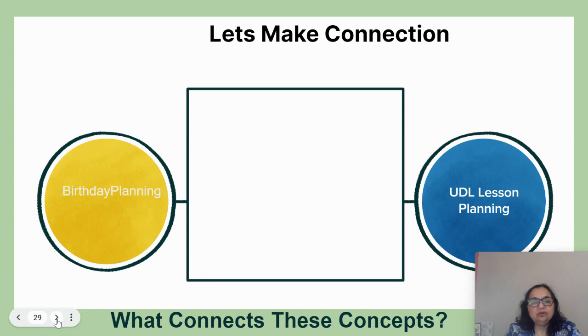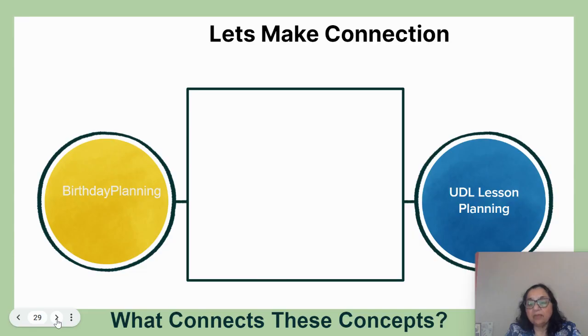So now it's time to make connections. What connects these concepts? We planned a birthday and we planned a lesson plan with a UDL framework. Do you think it makes some sense? We talked about the goal. The goal should be flexible. If it is constricted, we need to offer scaffolds. Then we talked about the assessments, whether formative or summative.